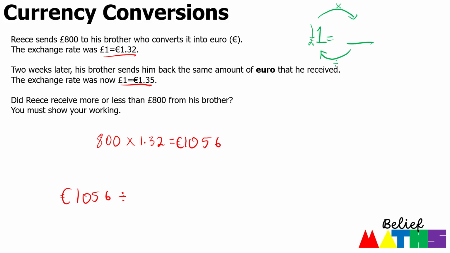So we divide that then by 1.35, and that will give us an answer of £782.22. And the question was, does he receive more or less from his brother? He receives less back. Because of that change in exchange rate, he's lost about £18 on that.